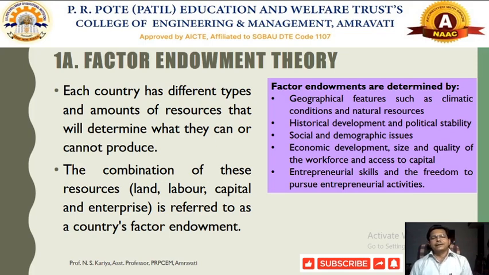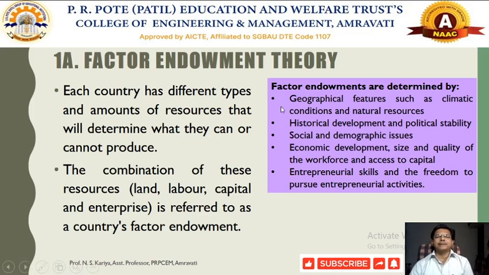Whether it is advantageous to the nation, whatever resources are available in the country, how should it be advantageous to the nation? For example, how do we determine factor endowments?